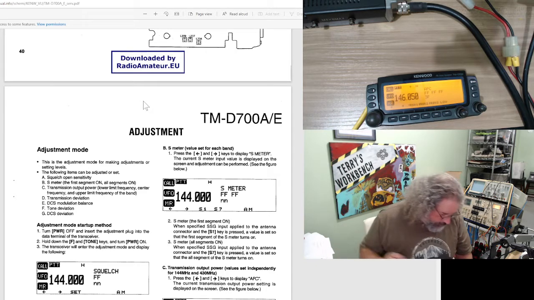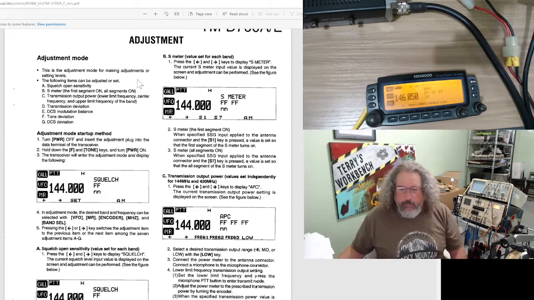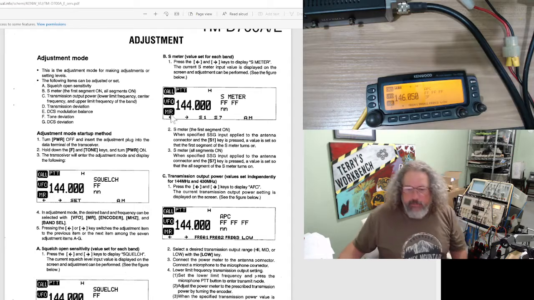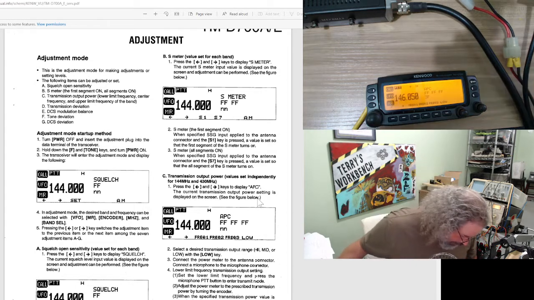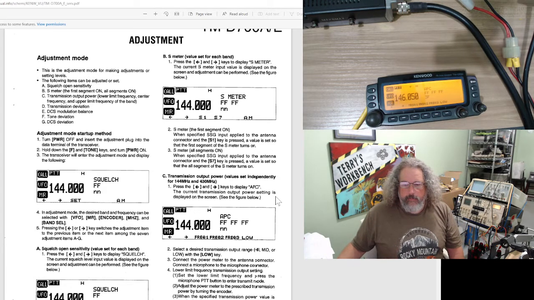All right, so we're looking for APC, which is what we're on. Okay. Frequency 1, frequency 2, frequency 3. Yep, we see that.